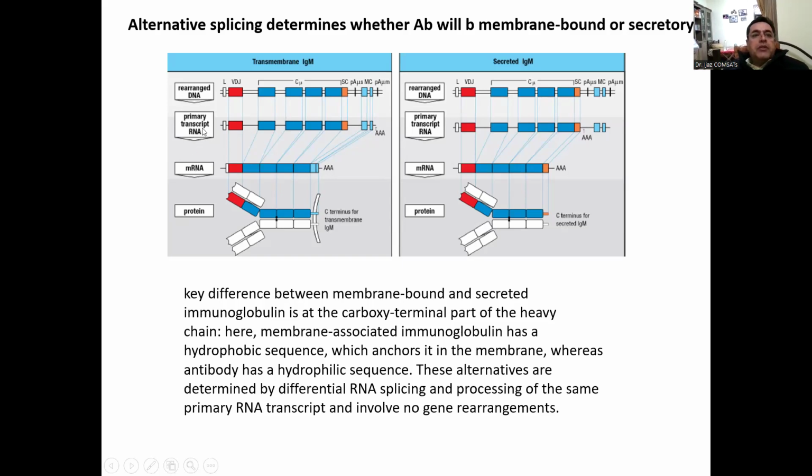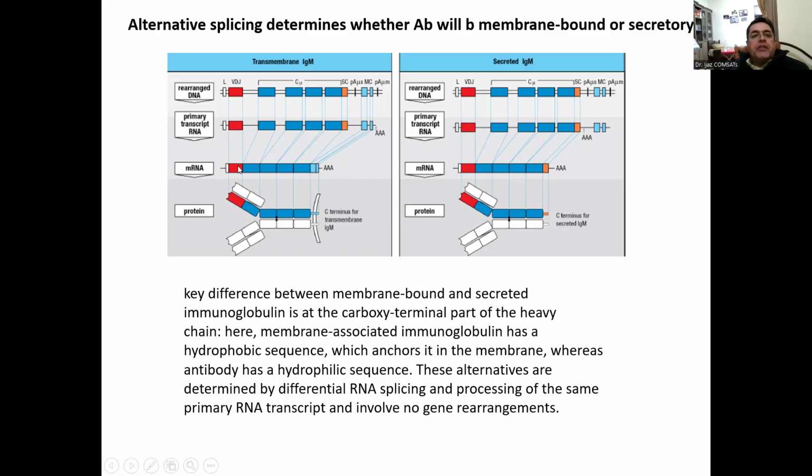Here you see that when the primary transcript is formed, the MC part is also transcribed, followed by the poly A tail. And in the mature transcript, when the introns are removed from this primary transcript by different enzymes, the mature RNA that is formed also has this light blue MC sequence followed by the poly A tail.